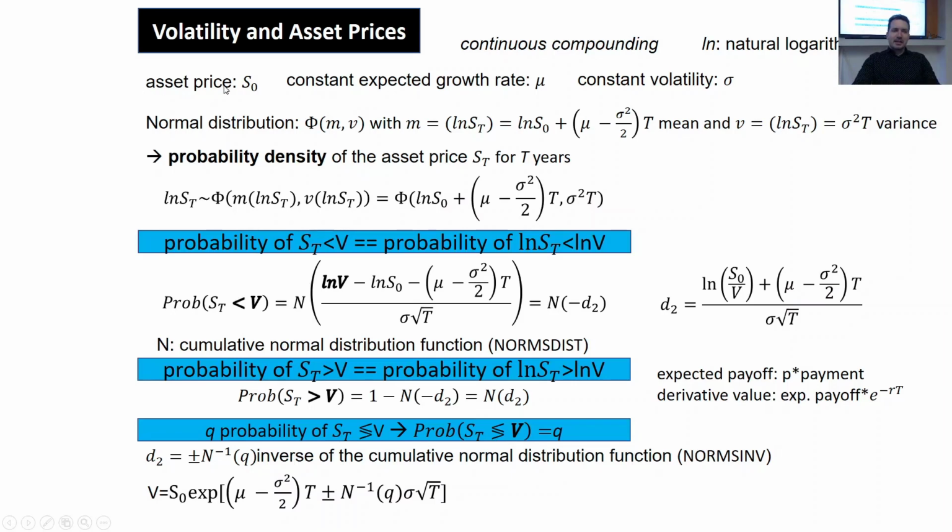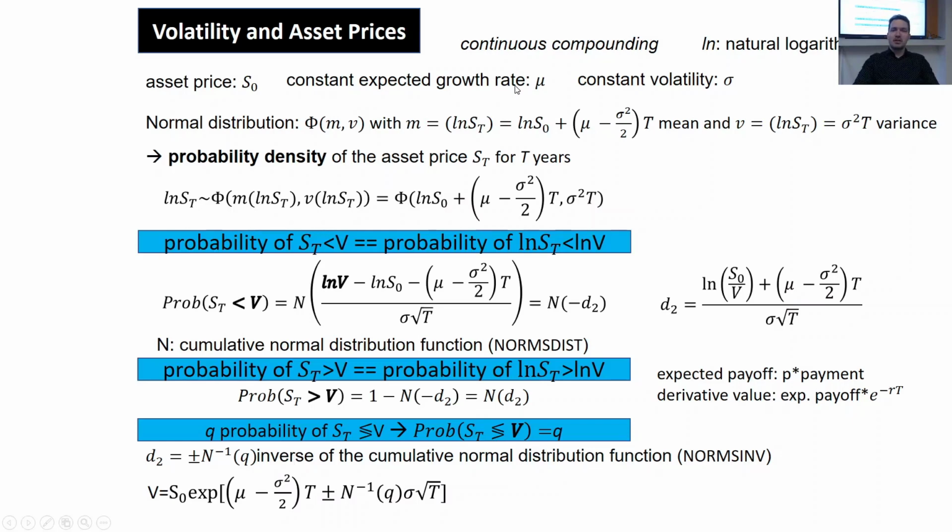For asset pricing we assume a constant expected growth rate, which, we know, is quite romantic, but still we have to have an expected growth rate, which we know is close to zero.